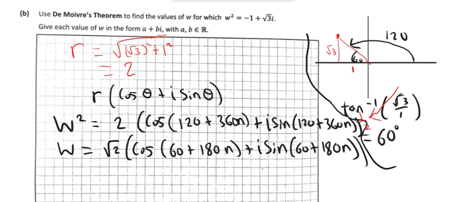Right, so then we just need to sub in values for n. So if n was 0, for the first time you go around, you can just sub it all in together.